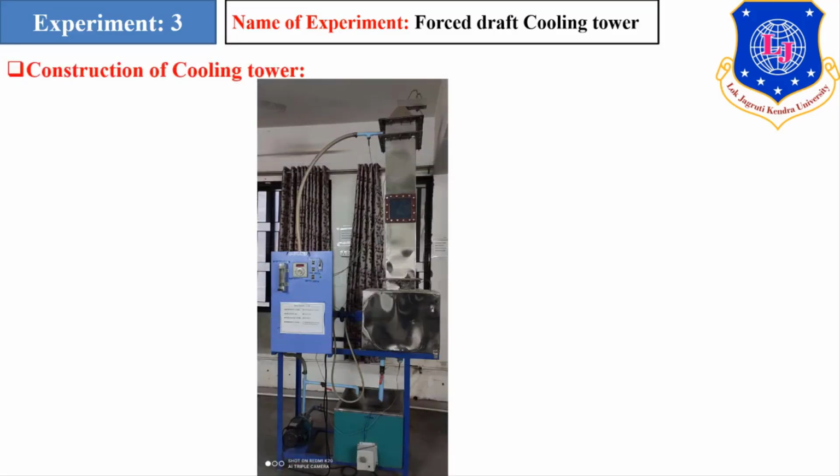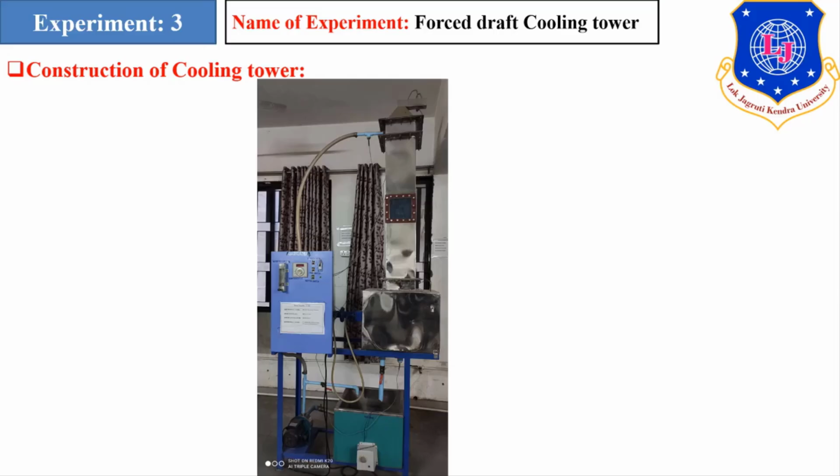Okay, so this was about the cooling tower, and this is how the equipment looks, a forced draft cooling tower, or water cooling tower. Here you can see at the bottom there is a storage tank, or feed tank, connected to the temperature controller, or heater, and it is also connected to the pump, which is used to pump the hot water to the top of the cooling tower.